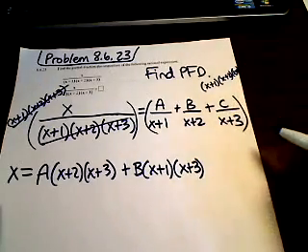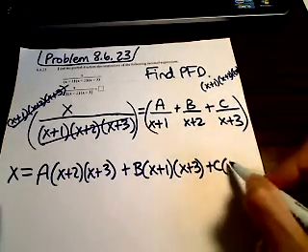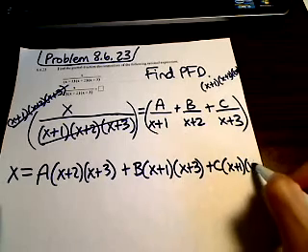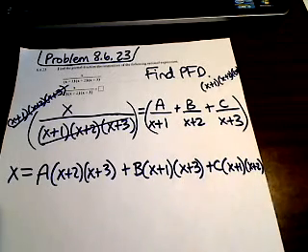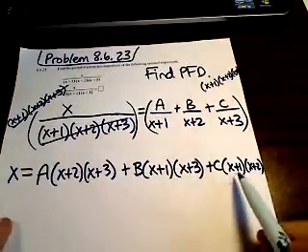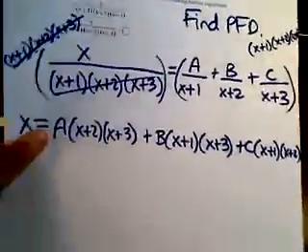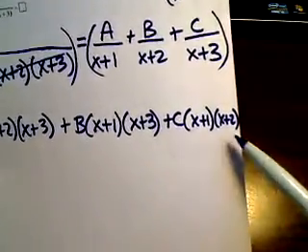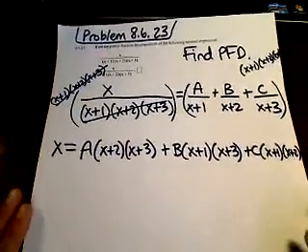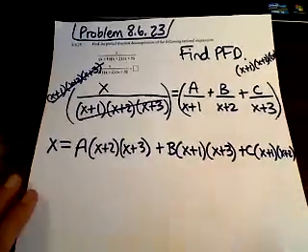And then x plus 3s will cancel with the C, so we have C times (x plus 1)(x plus 2). Okay?